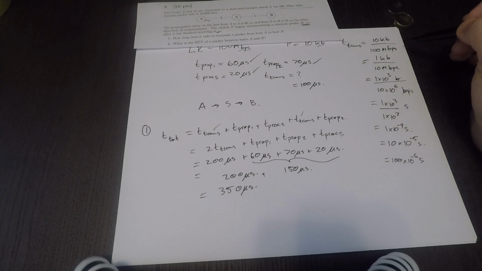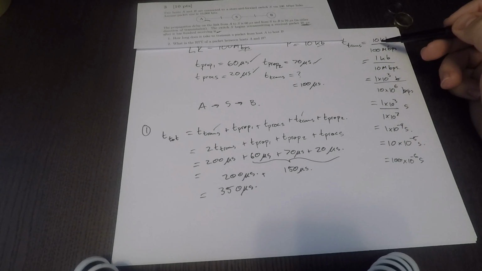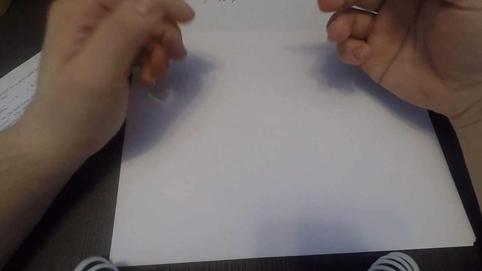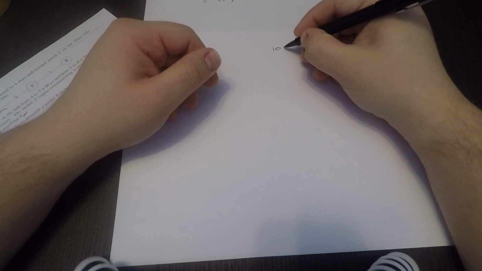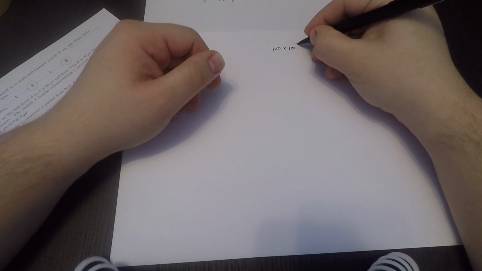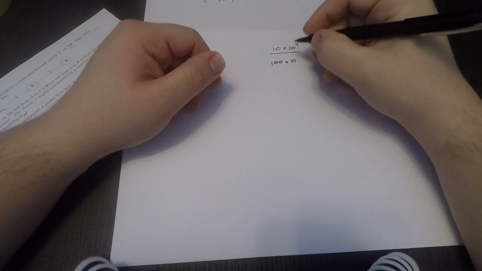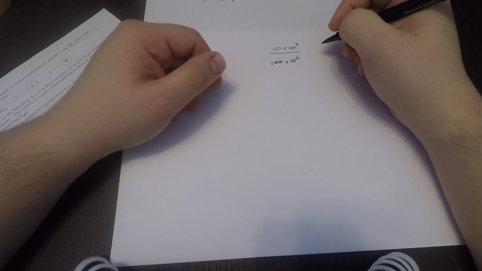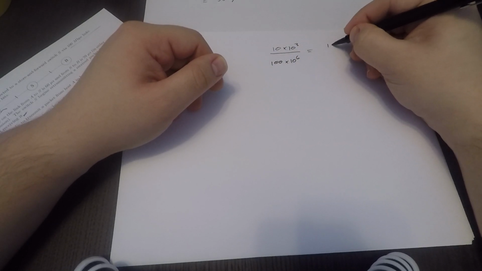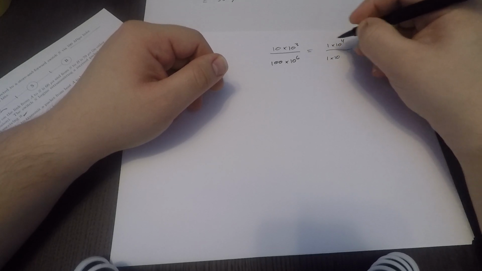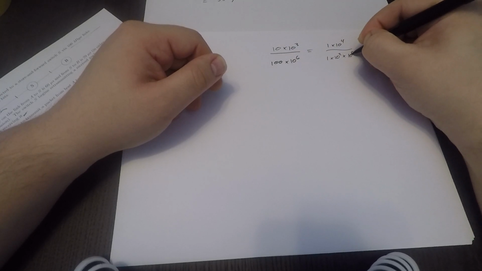So to actually put all of this out onto the line, this is the same thing. Did I do this wrong? Let's see. Okay, let me make sure that I have my transmission time correct. I'm kind of doing this with all the outtakes. So I have 10 times 10 to the 3 divided by 100 times 10 to the 6. So that's the same thing as 1 times 10 to the 4 divided by 1 times 10 to the 2 times 10 to the 6.